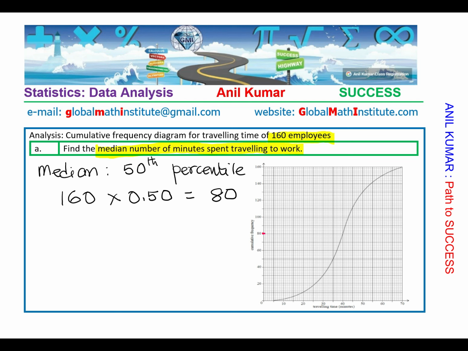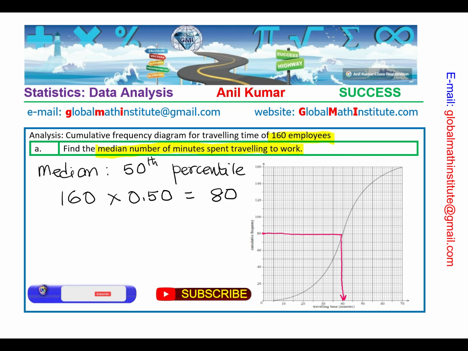So that is the 80, which is the number of employees. So we'll go in this direction, correct? It hits the curve and then we come down to figure out how much time they take. So that is the time taken, which the horizontal scale gives us the value of 40 minutes, right?